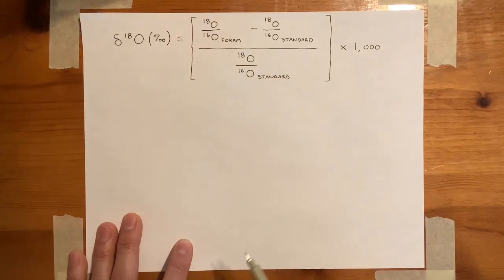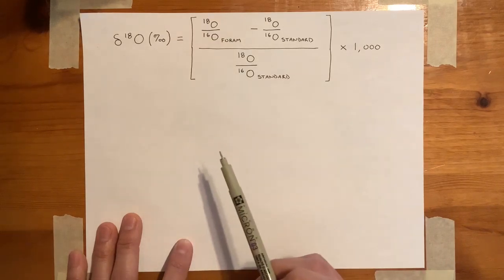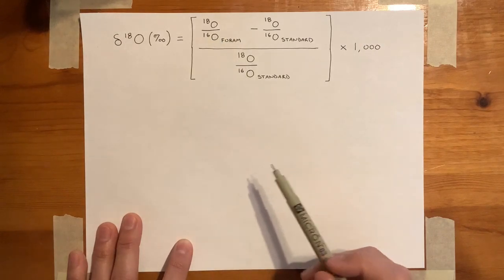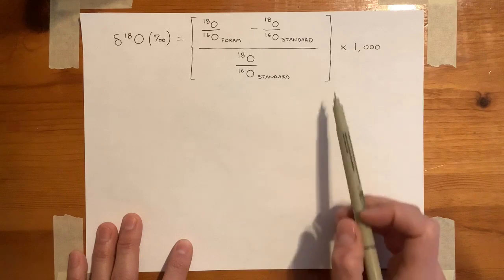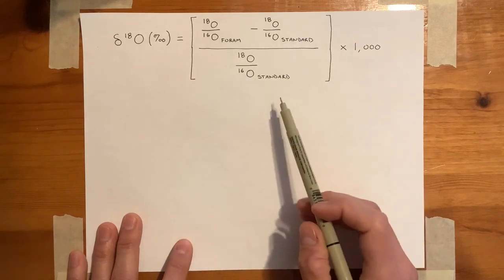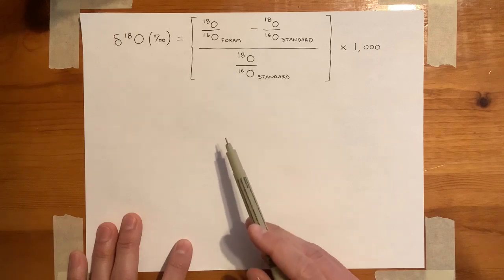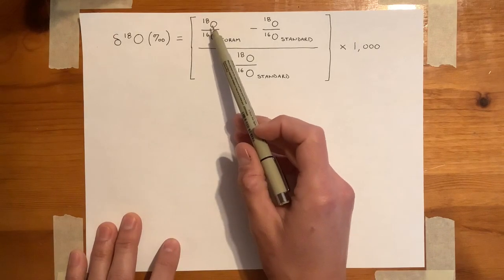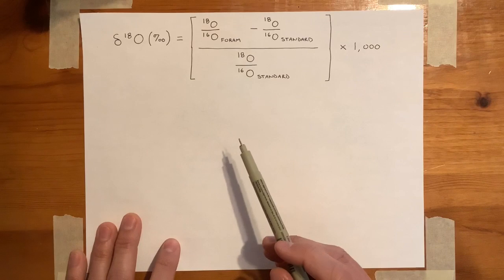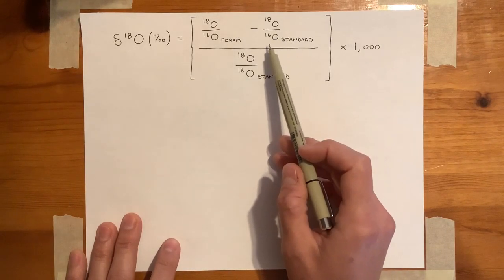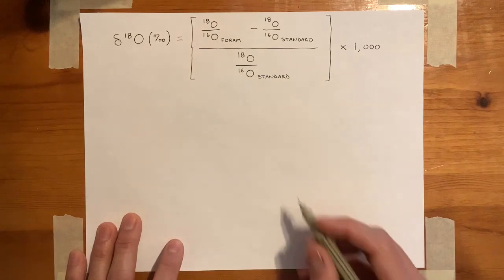To illustrate this idea that the changes between oxygen 18 to 16 isotope ratios are very small, let's do a simple experiment with this formula here. Let's imagine that the oxygen 18 to 16 isotope ratio of our standard is equal to 1.